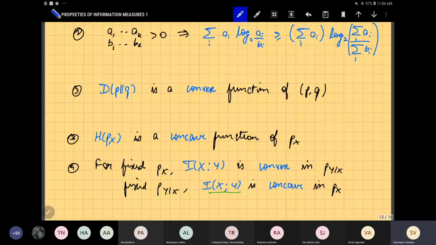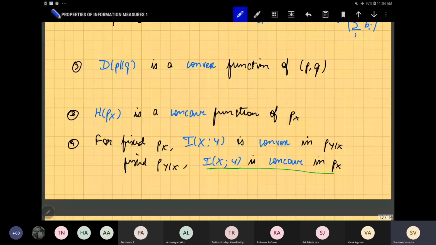And similarly, if we fix the input distribution, then we can minimize the mutual information with respect to Py given x. While we've seen the problem of maximizing the mutual information with respect to the input when we talked about channel capacity, the other counterpart, minimizing the mutual information with respect to Py given x, is something that we didn't see in class.